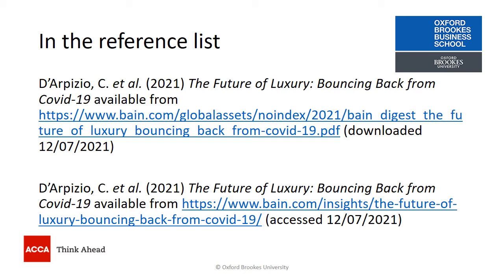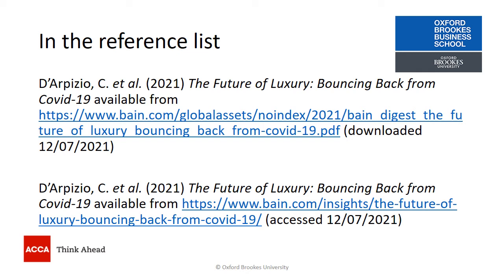We then include the title of the article, and we include that in italics. So that's the future of luxury bouncing back from COVID. The title is given in italics, and we then explain where we got it from. So that's the URL.